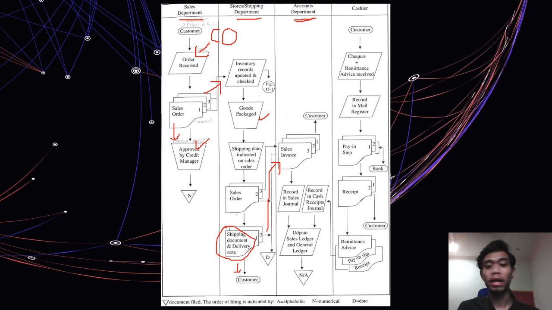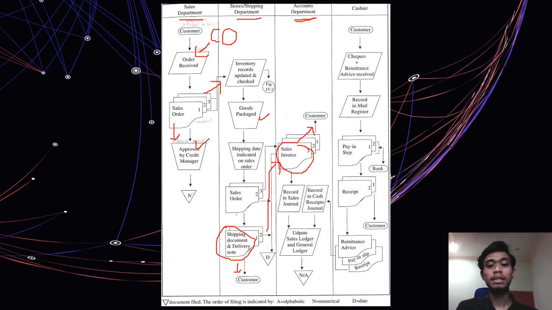The function of the account department is to issue a sale invoice, as we can see here, to be given to the customer to inform how much the customer needs to pay. And maybe they have terms, maybe the account department says they can give a discount if the customer pays within 30 days.